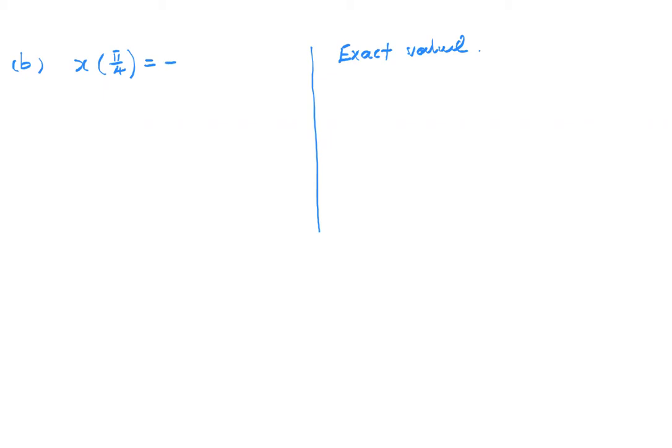Okay, negative 0.414. v(pi/4), yeah, I know, 1.414. And a(pi/4), 1.414 also. But the units of measurement are different.